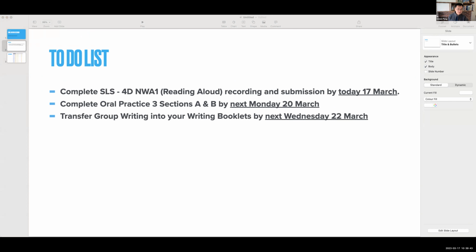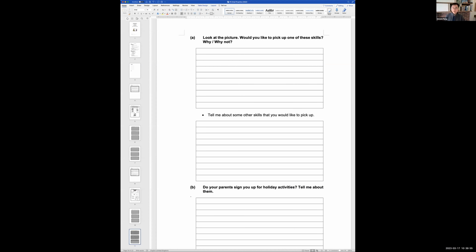I will show you. This one. Let me stop the share, then start the share again. Please mark this down. For this section, it's just this page, oral booklet practice 3, section A and B.